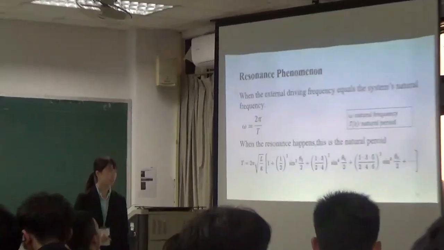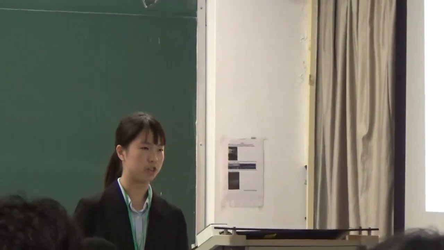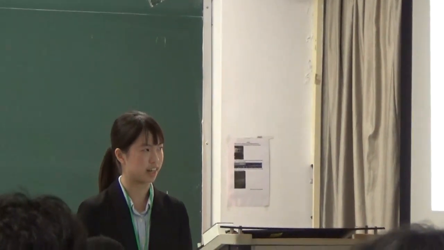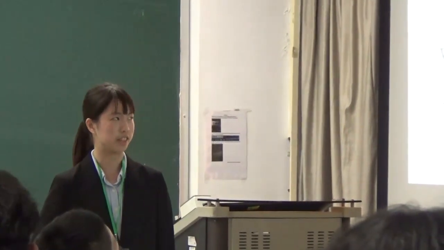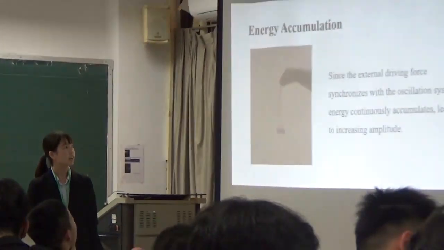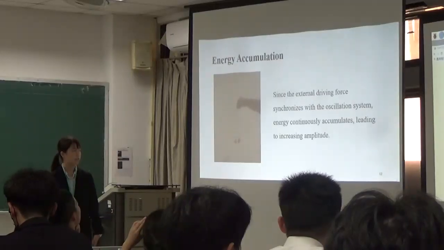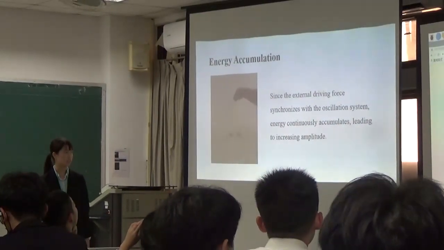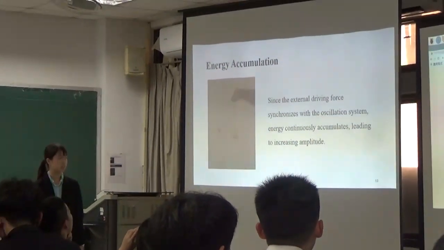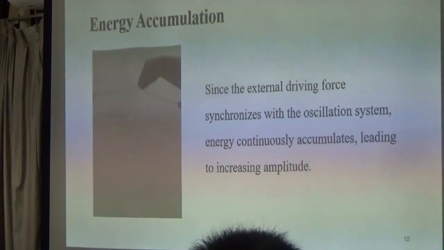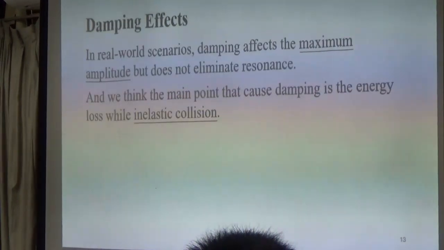When the resonance happens, we can use the period equation for big theta to calculate the natural period. So we get the natural period, and we can calculate the natural frequency. Since the external driving force is synchronized with the oscillation system, energy continuously accumulates, leading to increasing amplitude.